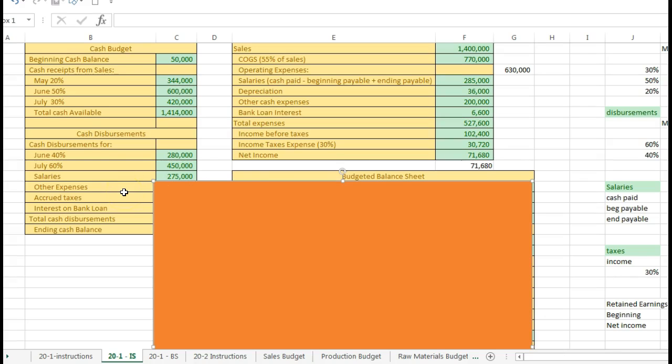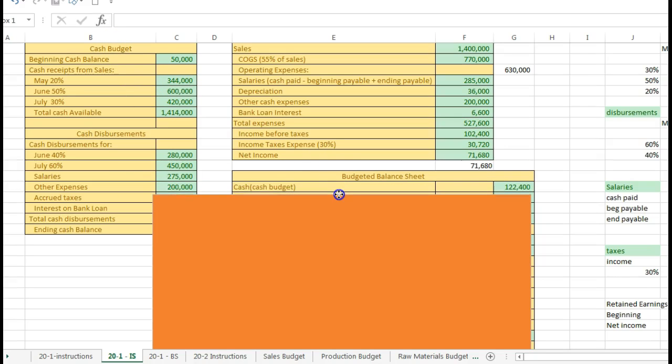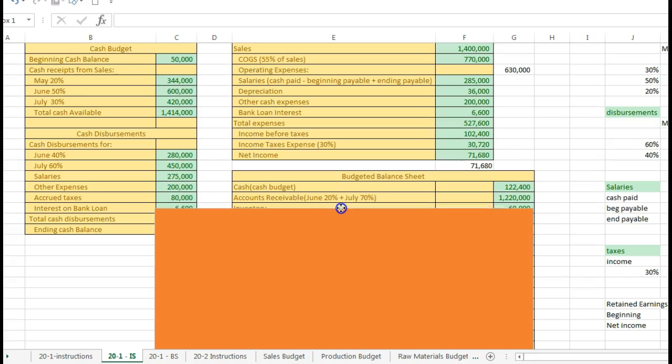That's just the money that came out. That doesn't include accrued payroll that they may have. But we're looking at a cash budget here. So then they give us the other expenses of $200,000, and they also give us accrued taxes, what we needed to pay, and finally interest on a bank loan, and they tell us what that is, $6,600.